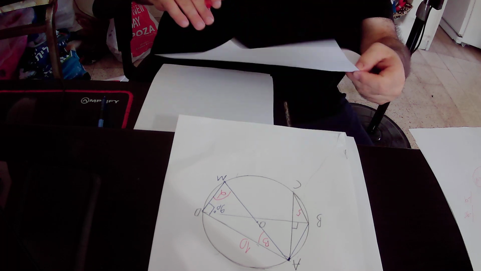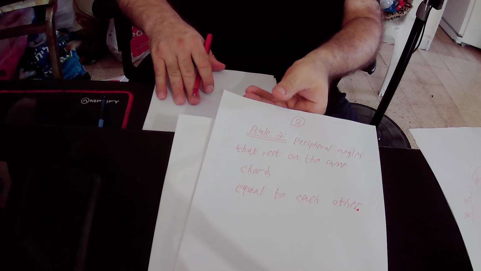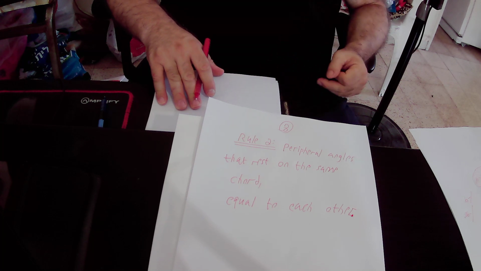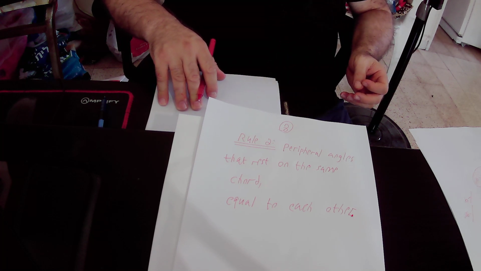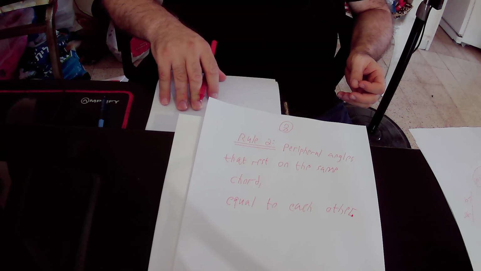So I will read rule number 2 again. Rule number 2 states that peripheral angles that rest on the same chord are equal to each other.